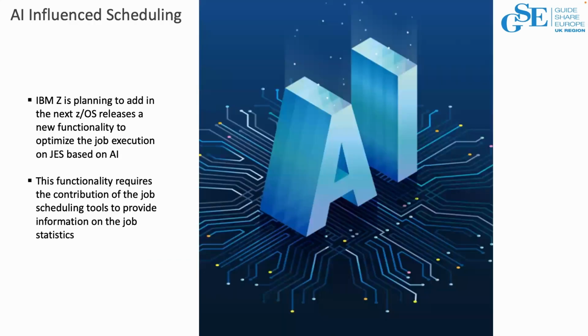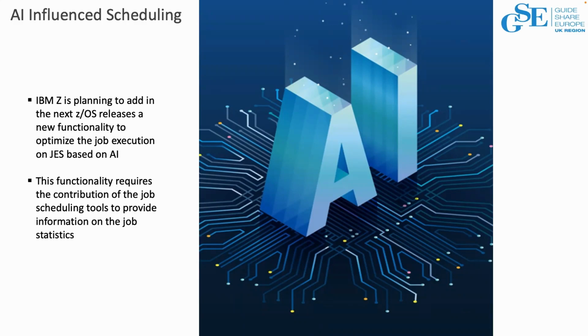Now, just 3-4 minutes before looking at possible questions. For AI influence scheduling, this is a very important project that the system has. IBM Z is planning to add in the next z/OS releases new functionalities to leverage AI to optimize the job execution on JES.